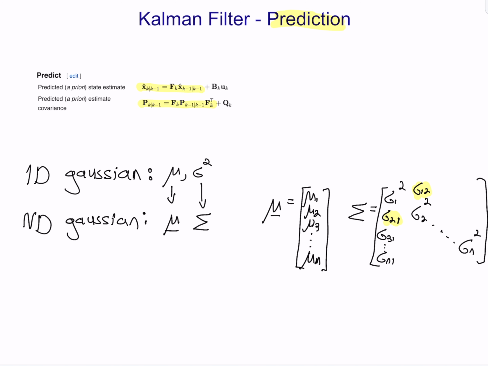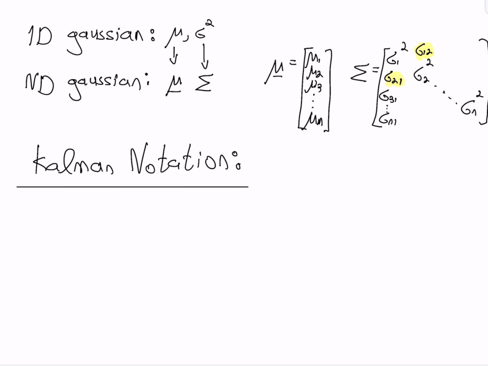How do these things work in the world of Kalman? When we talk about the Kalman filter, we have different names. The mu vector is called the state vector, x. The state vector will contain all of the parameters that we want to track.